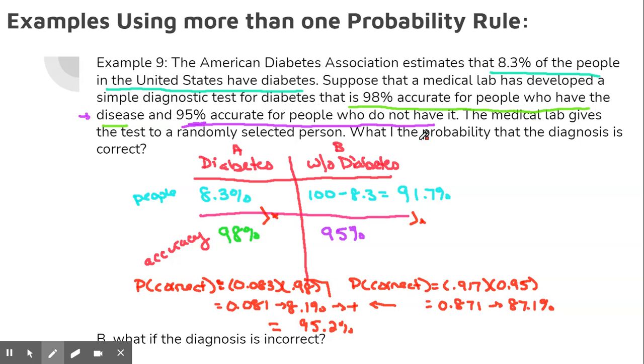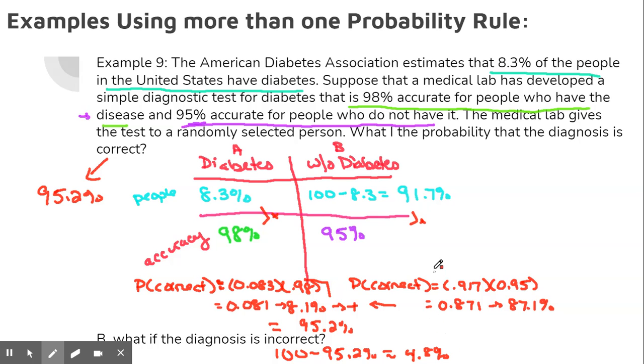So the probability that the diagnosis is correct is 95.2%. Now, part B down here says, well, what if it's incorrect? Well, if it's incorrect, that means it's the complement of being correct. You would simply subtract that from 100. So it is 95.2% accurate, but it is 4.8% inaccurate.